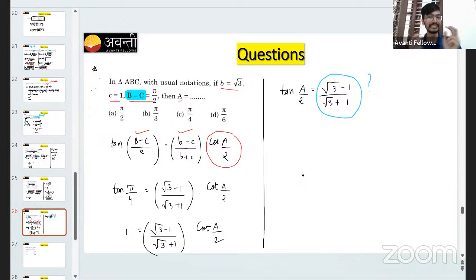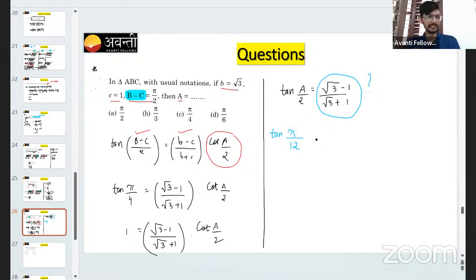These are two other angles whose values we should know. It may come in some questions, and if it's JEE Mains, it may definitely come. So root 3 minus 1 upon root 3 plus 1 is basically tan 15 degree, which is tan pi by 12.